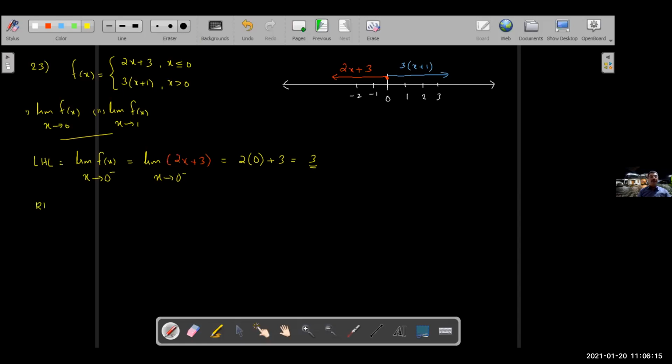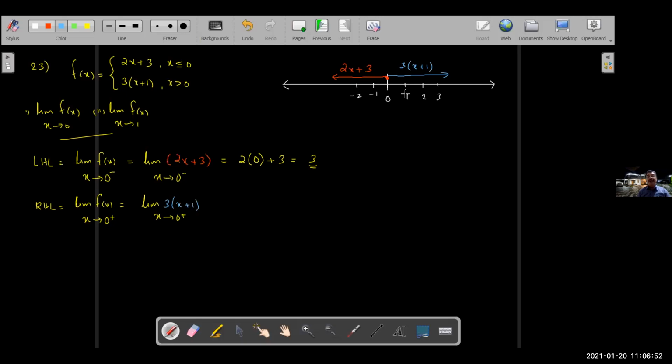Coming to right hand limit. Right hand limit is limit x tends to 0 plus we write. See, that plus or minus sign we write after the number, f(x). It is limit x tends to 0 plus, again the value of f(x). Towards right of 0, the function definition is 3 into... it is not 2x plus 3.